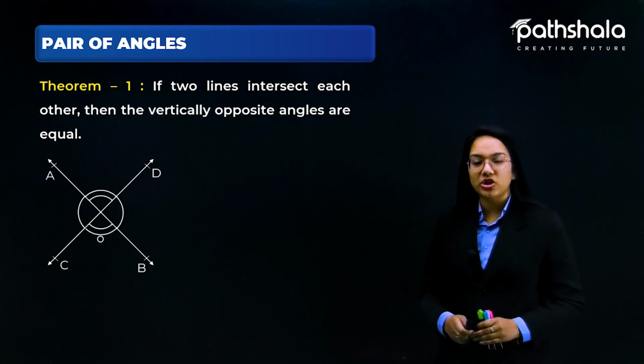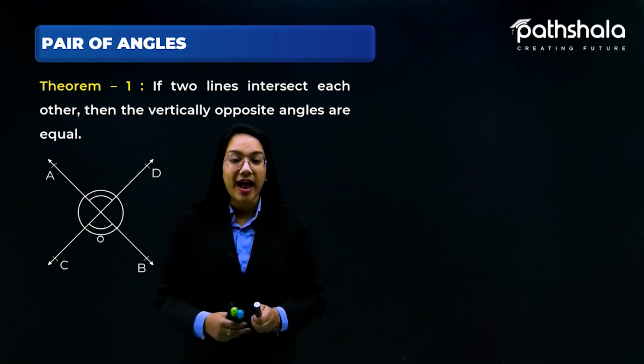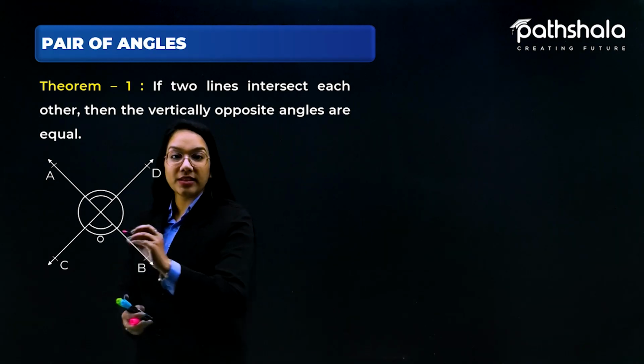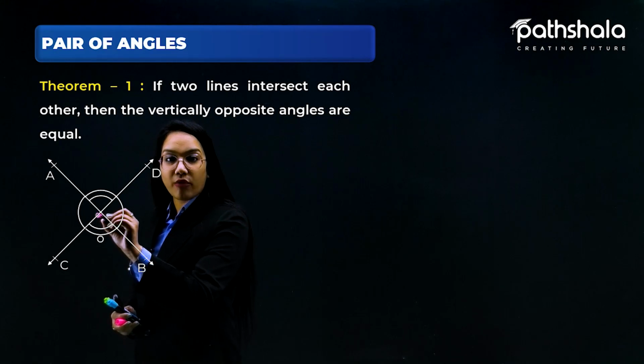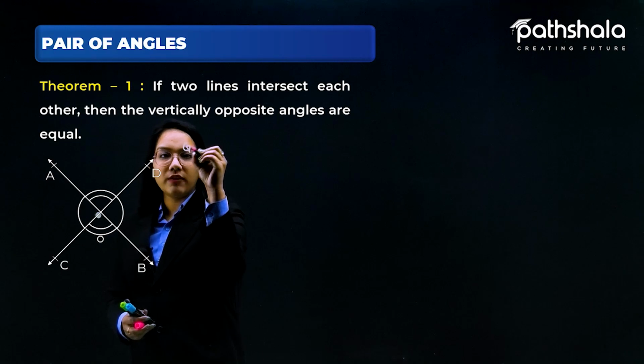So let us suppose I'm taking the two lines AB and CD such that they are intersecting at the point O. Here we can see we have the pair of vertically opposite angles. Let us start with the given condition.